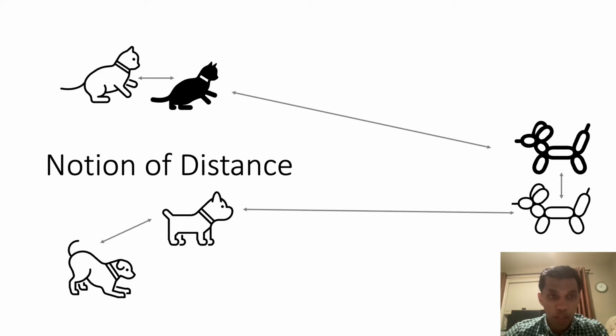And the dogs, even though they are from the same species, they are two different breeds. So basically their distance is somewhat closer, but not exactly as close as the cats. But the distances from these cats and dogs to these toys are extremely high, and they tend towards a large value, like for example 1.